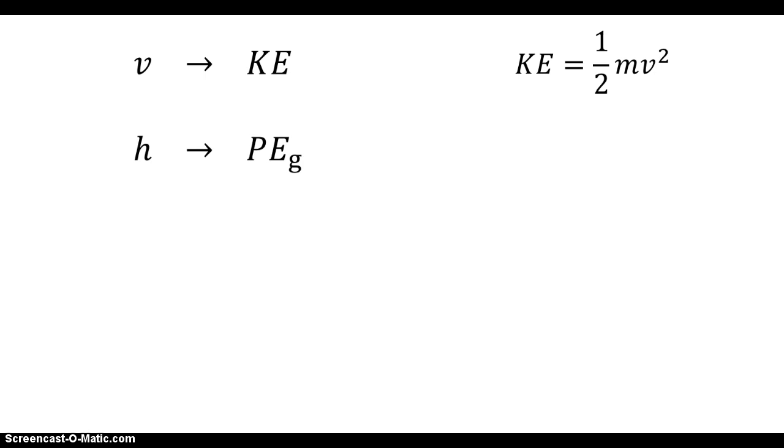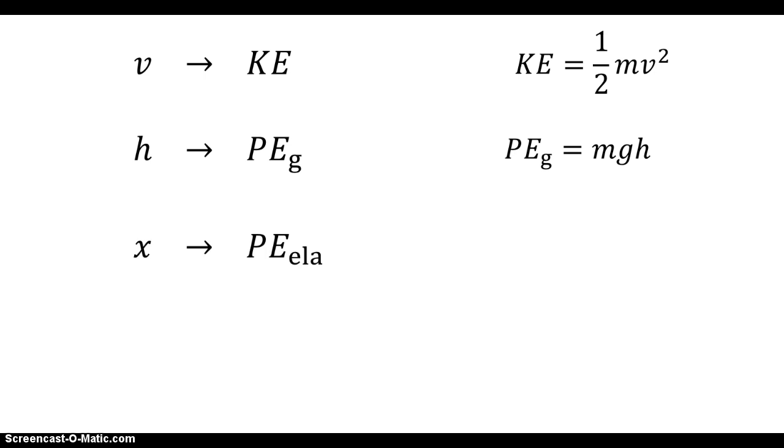So let's summarize everything we've learned so far. When an object has speed, it possesses a particular type of energy called kinetic energy, and the way we calculate the kinetic energy is from this formula. Whenever an object has a height above a zero level, it has gravitational potential energy, and we can calculate the amount of gravitational potential energy using this formula.